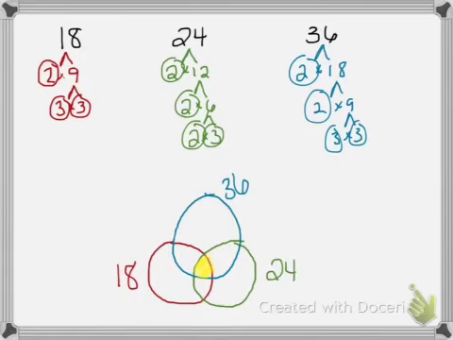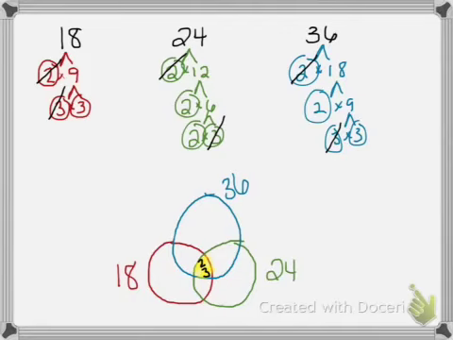We can see that 18, 24, and 36 all share a 2. And they also all share a 3. Those are all the prime factors that the 3 numbers share.